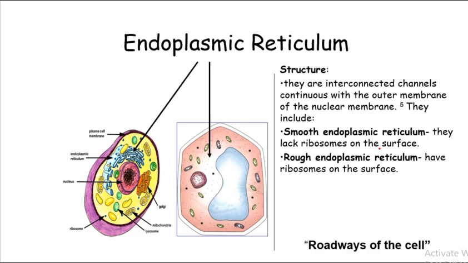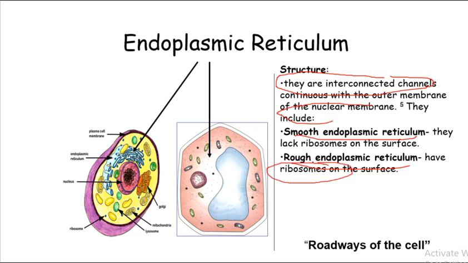Next, let's look at the endoplasmic reticulum. The endoplasmic reticulum contains interconnected channels which are continuous with the outer membrane of the nuclear membrane, and they include smooth endoplasmic reticulum and rough endoplasmic reticulum. Why smooth? Because they lack ribosomes on their surface, while rough endoplasmic reticulum has ribosomes on its surface.